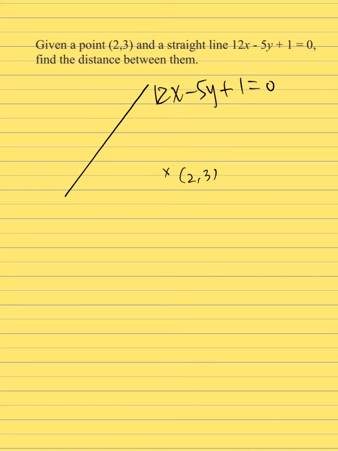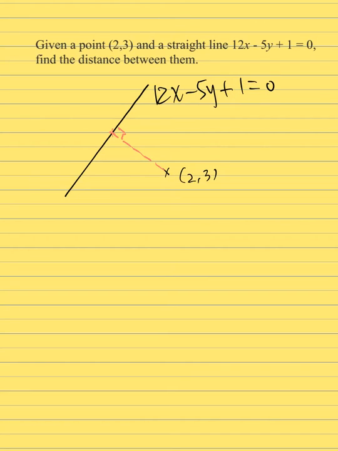The distance between the line and the point is this one: the perpendicular distance between (2, 3) and the foot of perpendicular from (2, 3) to the line 12x minus 5y plus 1 equals 0.